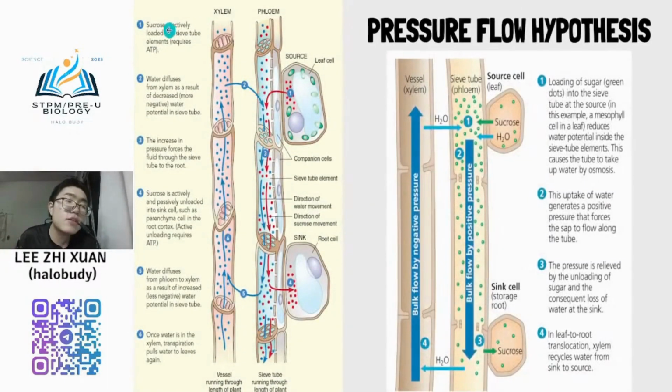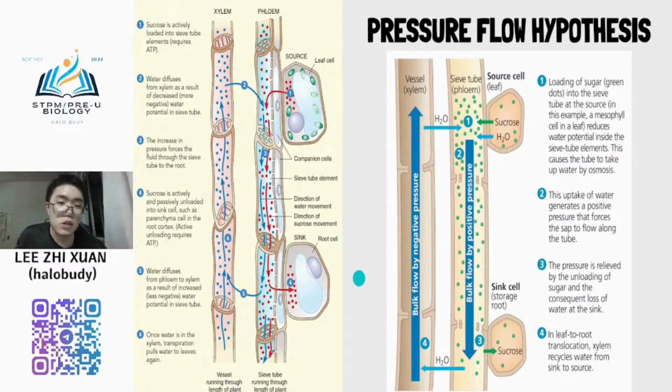Your first step is that sucrose will be actively loaded into the sieve-tube element. This process requires ATP, because it moves from a low concentration gradient into a high concentration gradient. This is why it uses ATP, because it is active transport.